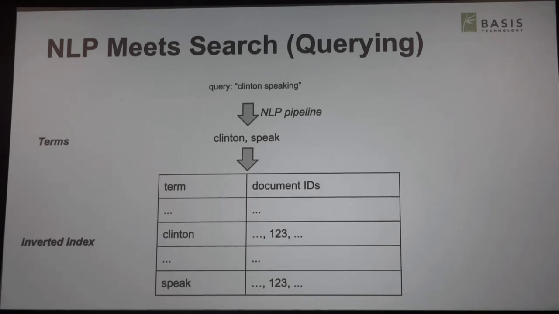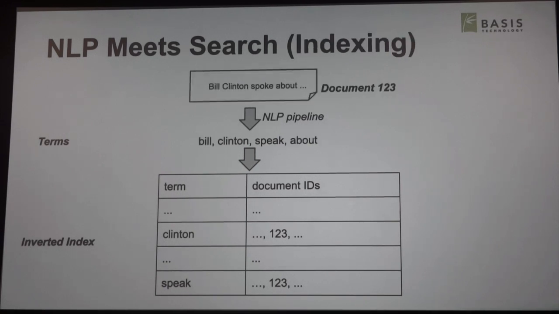The second arrow is what you then do with those terms. You want to do a read against your index, and let's say you wanted to find documents that contain both Clinton and speak. You can do a simple lookup of each term, find your list of document IDs, and take the intersection of those.